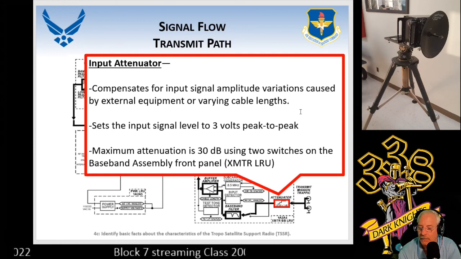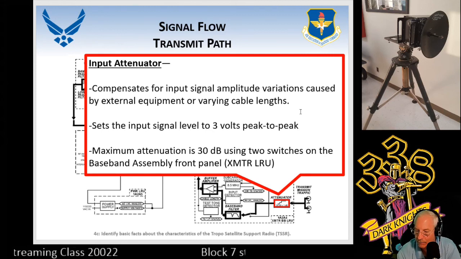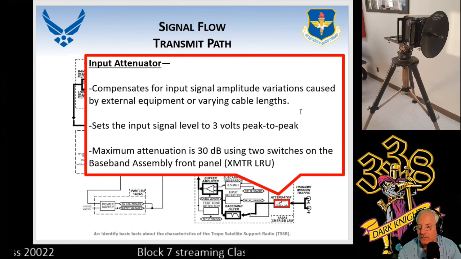Because the old FCC 100 had 5 volts peak to peak. Now, when you take a look at all of our signaling formats, what was all the neutral ones? Was it 5? Yeah, it was 5 volts. So if you've got a multiplexer that's really close to your baseband assembly, let's say a 10-foot cord, it's hitting that baseband assembly at 5 volts peak to peak.